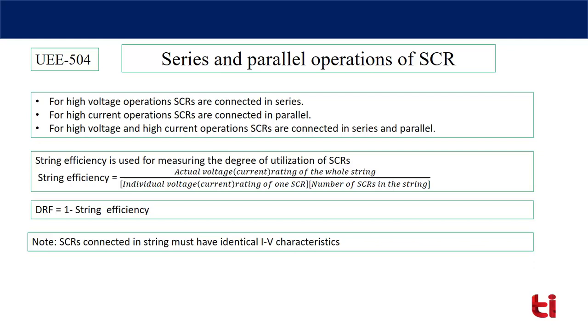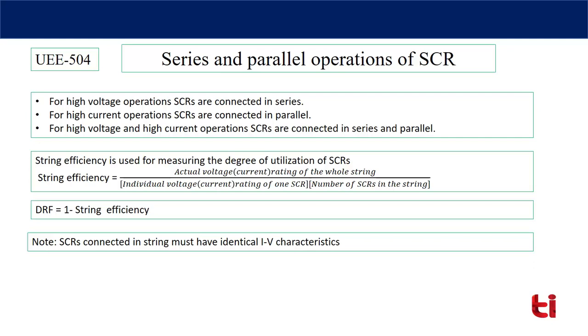As a 100 kilovolt SCR is not available, you have to connect more SCRs in series to share the supply voltage. Likewise, if the supply current is more than 3 kiloampere, then a number of SCRs are to be connected in parallel to share the current. For very high power applications, that means high voltage and high current applications, series and parallel operations both can be done, but the system becomes very complex.